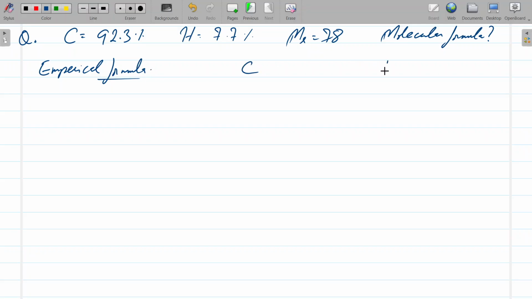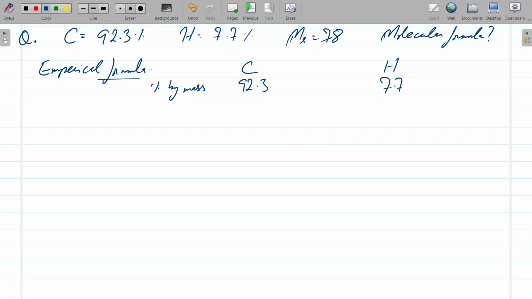You put in the headings carbon and hydrogen. First, you write the percentage by mass: 92.3% by mass is carbon, and 7.7% by mass is hydrogen.